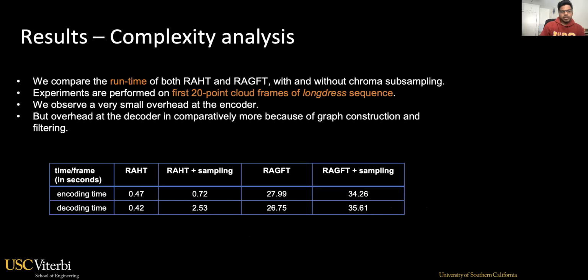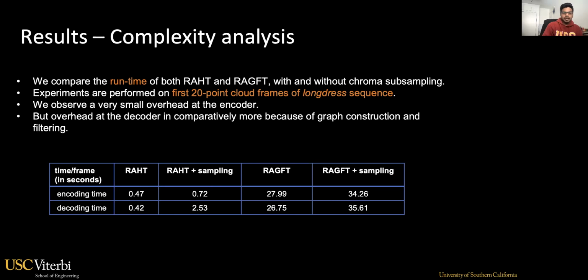Furthermore, we also perform a complexity analysis of our chroma subsampling at the encoder end and interpolation at the decoder end. For this, we compare the runtimes of RAHT and RAGFT with and without chroma subsampling. We performed this experiment on the first 20 point cloud frames of the long dress sequence.